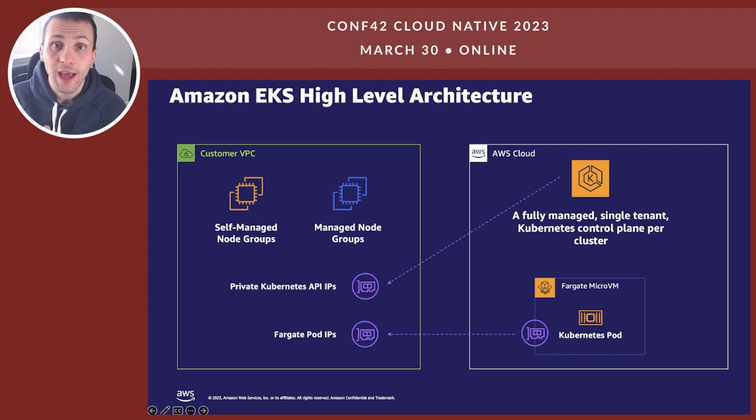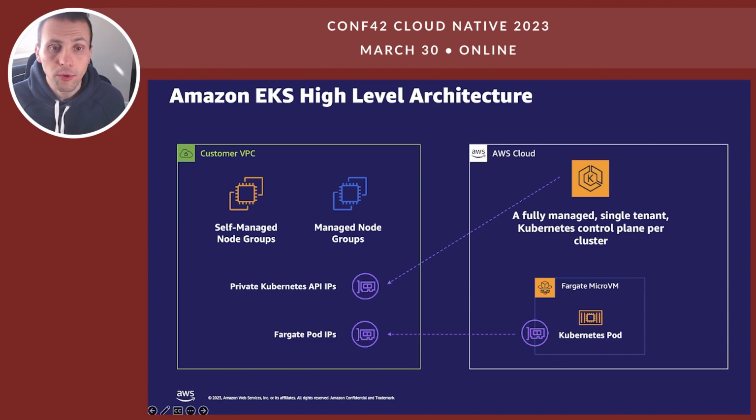So when we look at a high level overview of what EKS is, you have 2 boxes here. The first box we're going to talk about is the control plane. The box on the right, which says AWS Cloud, means it's running behind the scenes by AWS.